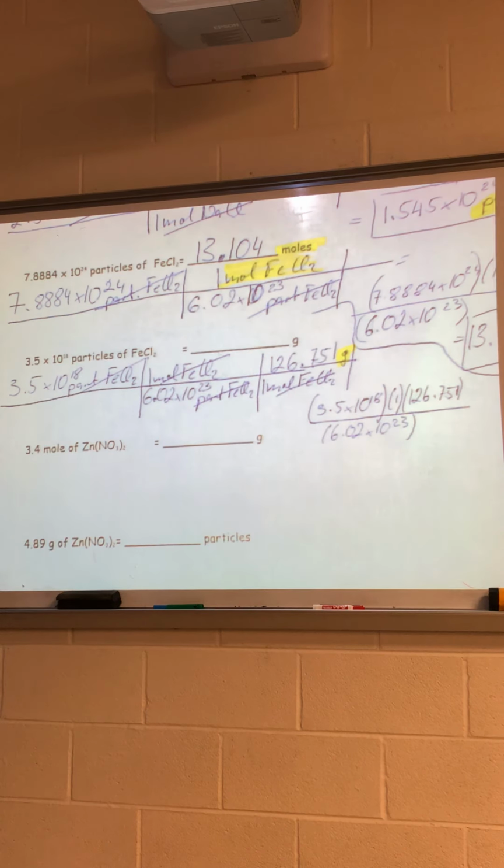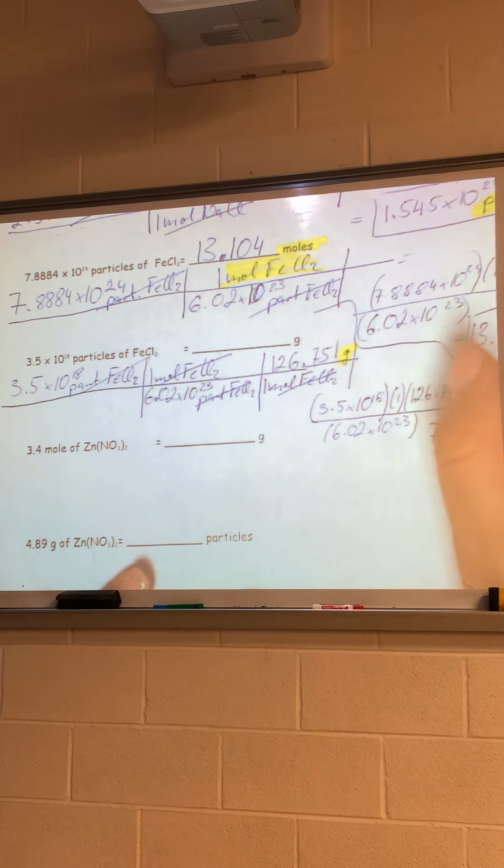And if I take my calculator, I'll find out it's 7.37 times 10 to the negative 4th. I'm going to write it down here, 7.37 times 10 to the negative 4th, and that will be in grams.